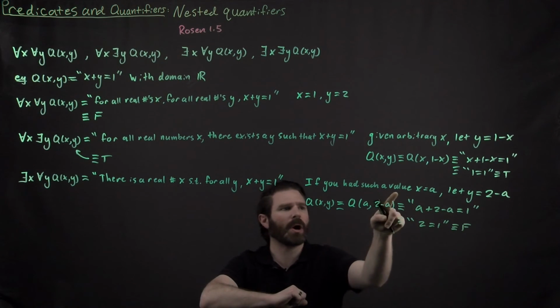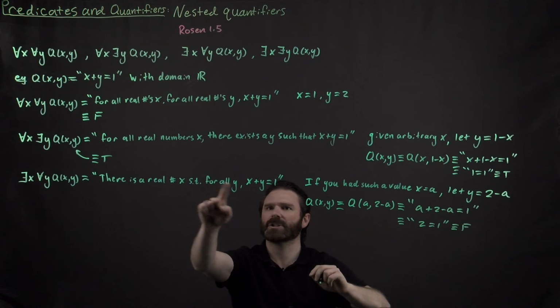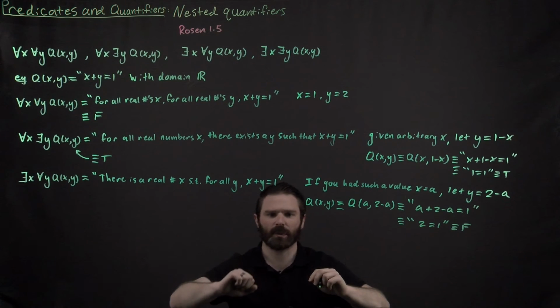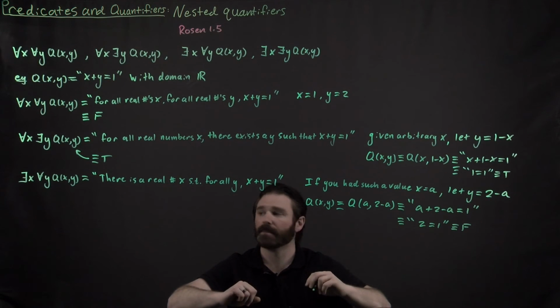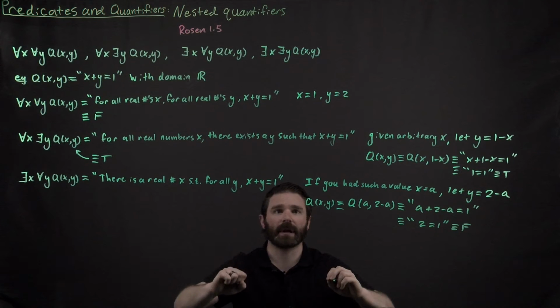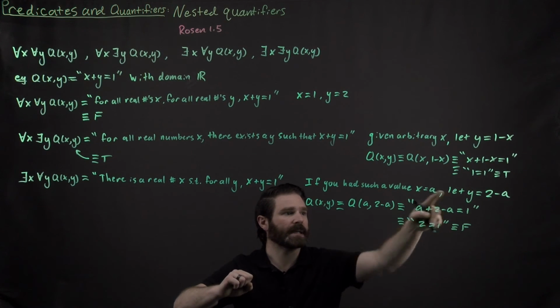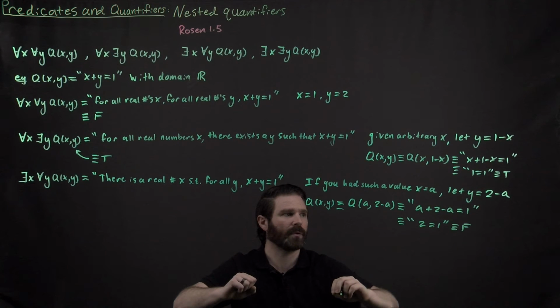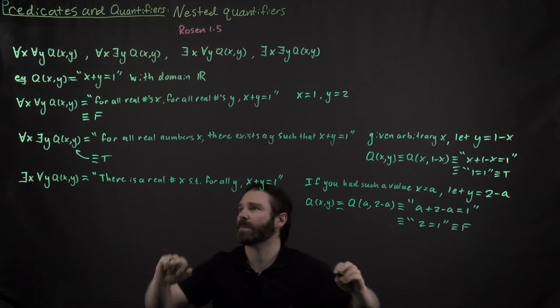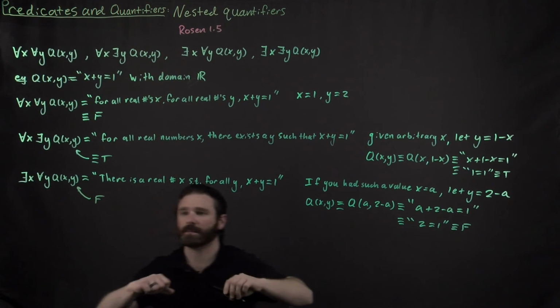So you have proposed for me a value of a real number such that for all y, x plus y equals 1. Sorry, it is not true that for every y, that particular value of x plus that y is going to be equal to 1 because I just gave you a counterexample right there. So this particular one is false.